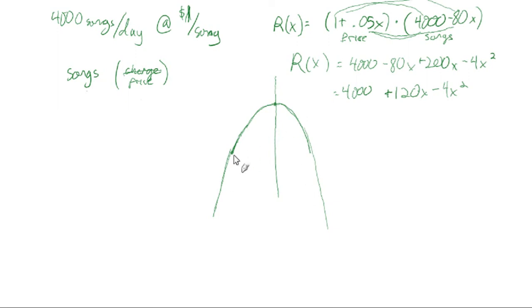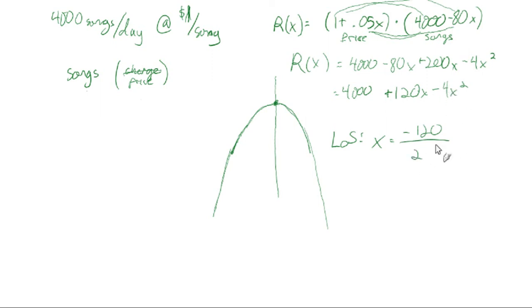Okay, remember we're imagining that we're charging more per song, fewer people are buying it, and at some point we maximize how much we can make each day. So we're looking for the vertex, basically, of this parabola. So we're going to look for the line of symmetry. That's x equals negative b over 2a. This is b, so negative b over 2 times a.